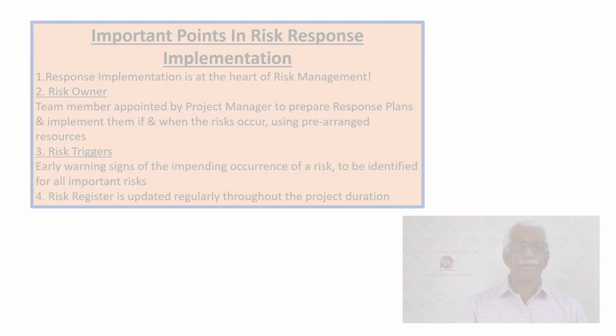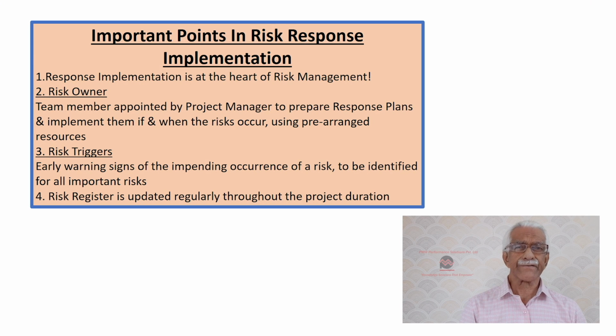The next process in the risk management effort is implement risk responses. Now, we saw how we prepared the plans, the contingency plans and the contingency reserves in the previous process, risk response planning.